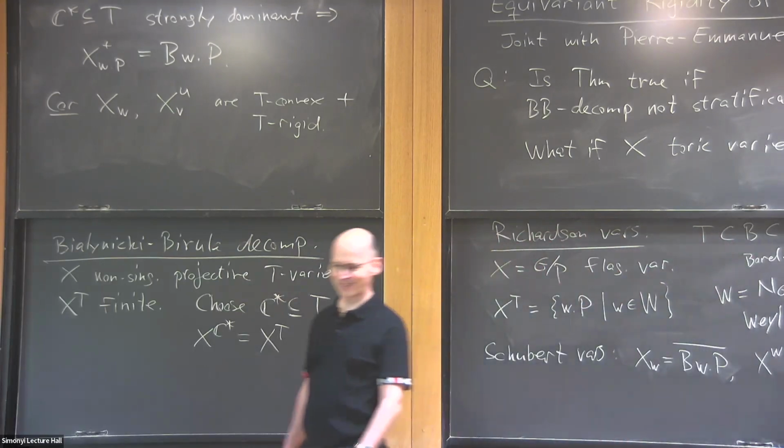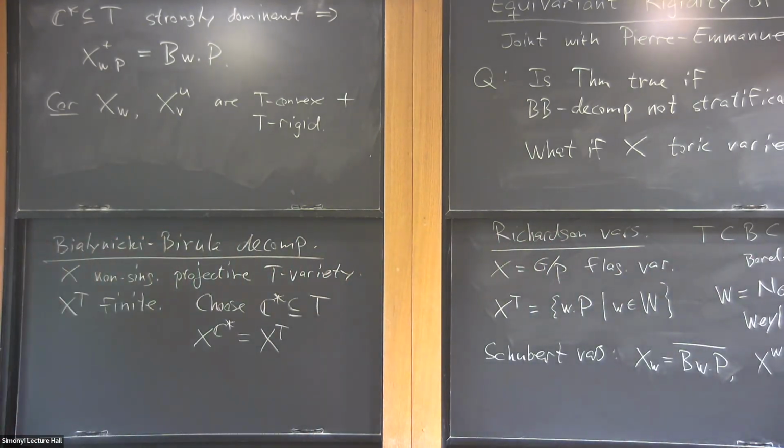Is there any way you could shrink the torus, say to the smallest torus? I guess we want at least a torus that maintains that all the fixed points are attractive.